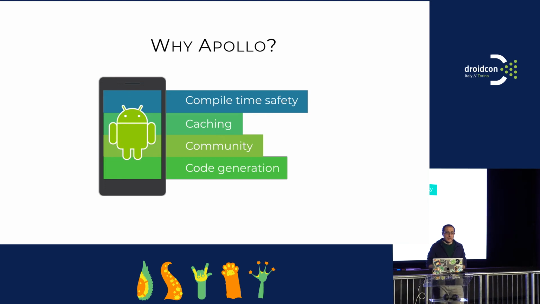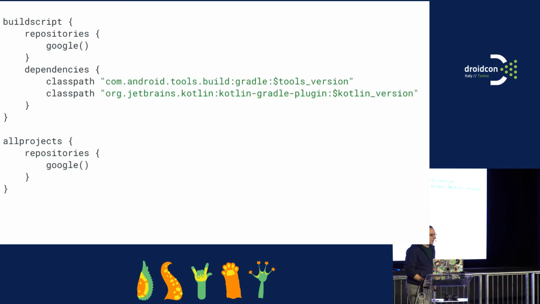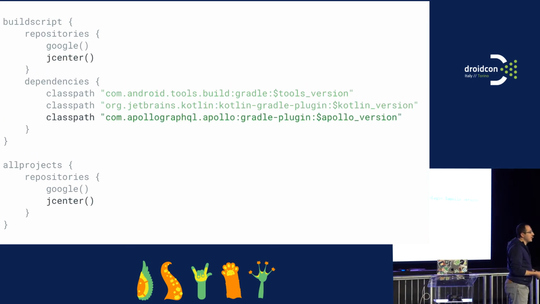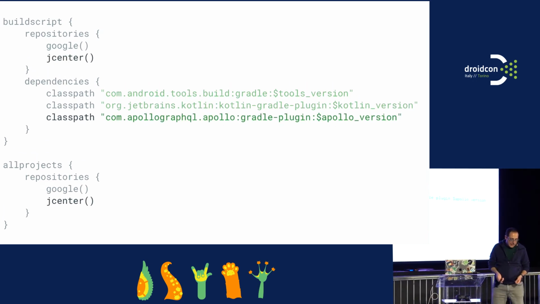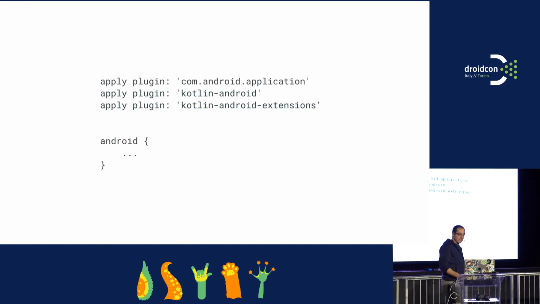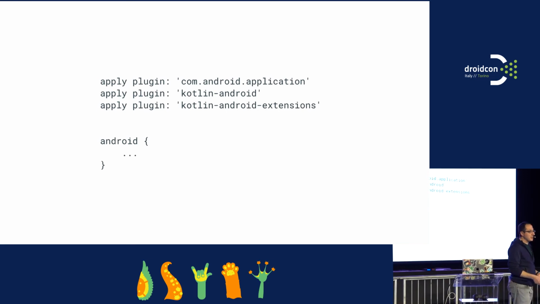So, how do we include Apollo inside our project? The first thing is adding the classpath of the project, which is on JCenter. So you need to add JCenter and the classpath, and that will do the trick.